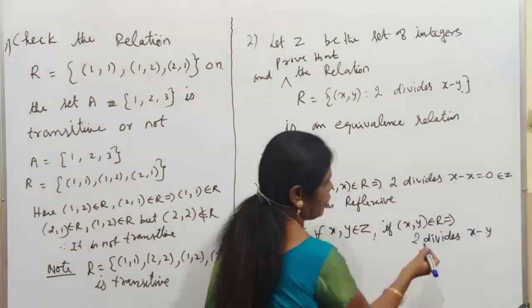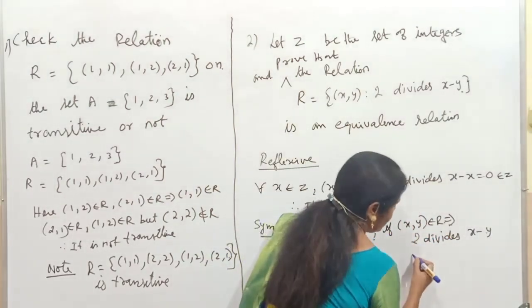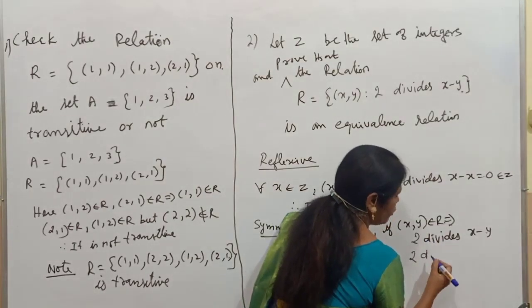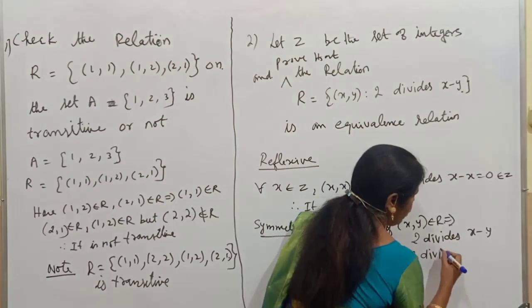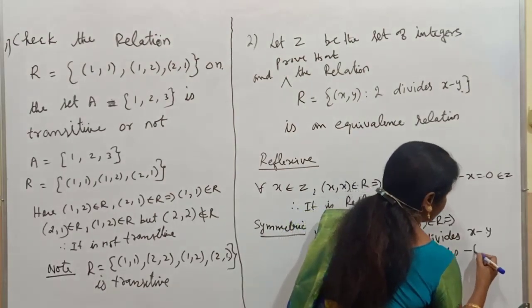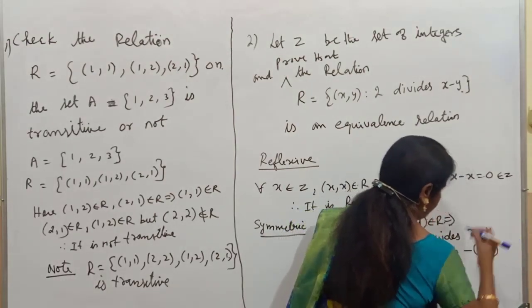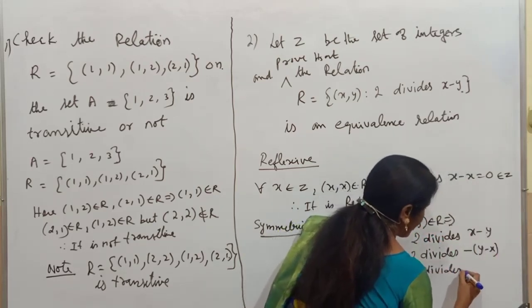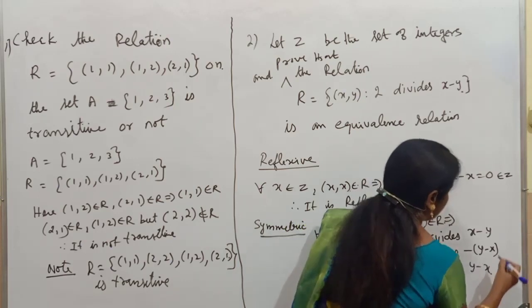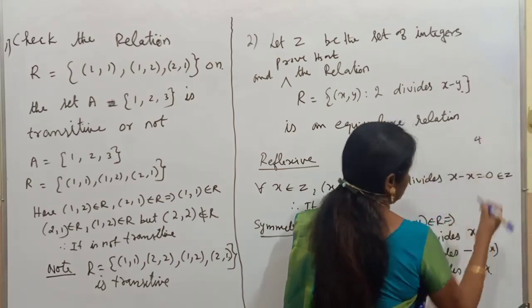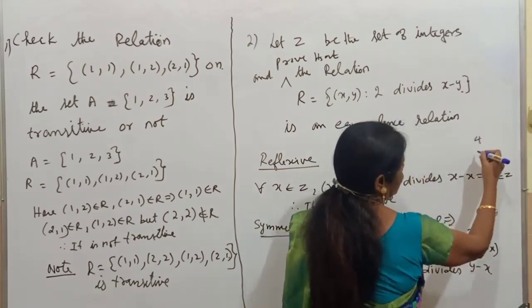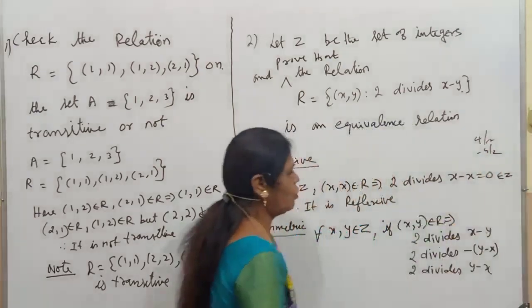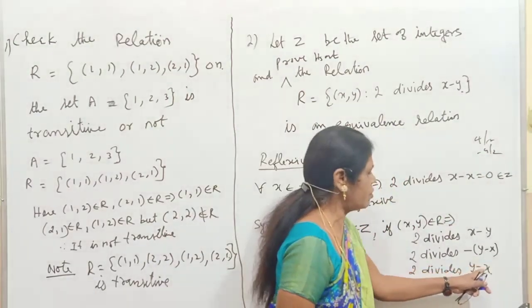Now, from this we write the same sentence in another form: 2 divides minus of (y minus x).